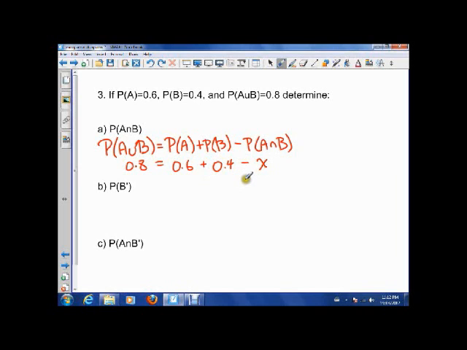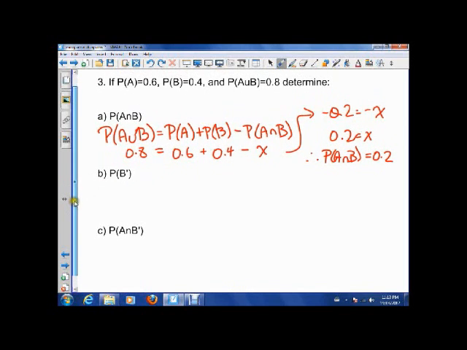And now all we do is isolate for X by moving all this stuff to the other side. So we get 0.8 minus 0.6 minus 0.4, which is negative 0.2, is equal to negative X. So we get 0.2 is X, therefore A intersect B is 0.2. So A is 0.6, B is 0.4, the union is 0.8, and the intersection is 0.2.